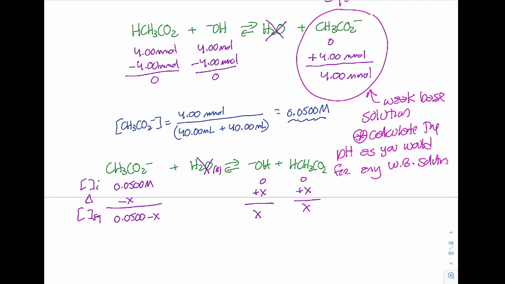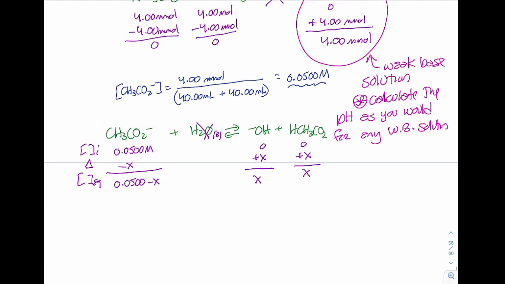I do need my Kb, right? I wrote a base dissociation equilibrium equation, right? Acetate ions are a weak base. I'm reacting it with water to produce hydroxide ions. So I do need my Kb, and I'm going to get that from my Ka. So my Kb is going to be Kw, which is 1.0 times 10 to the negative 14th.